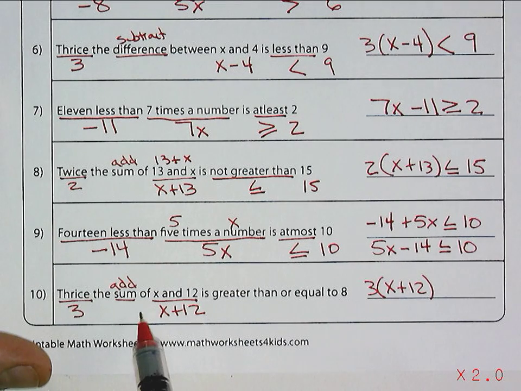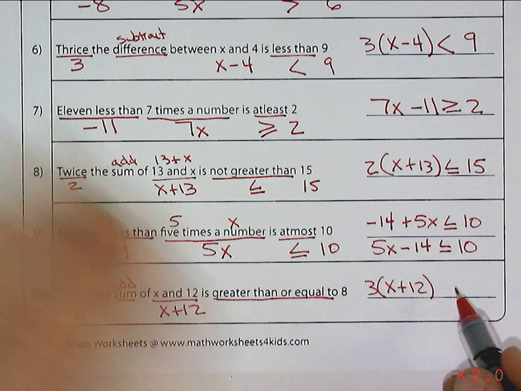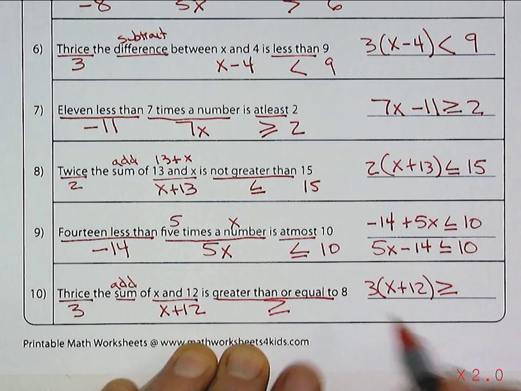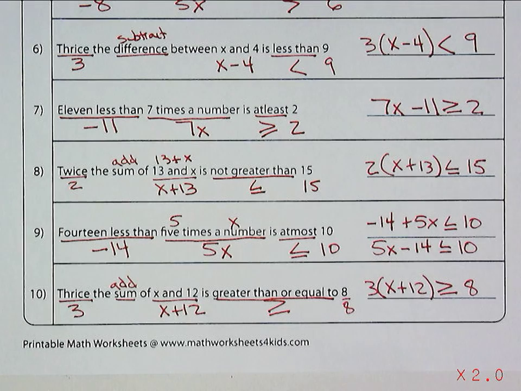Thrice the sum of x and 12 is greater than or equal to, so I have the symbol greater than or equal to, and then the last thing is the 8. And that's how you translate really two-step or a little bit more complicated phrases into their correct inequality.